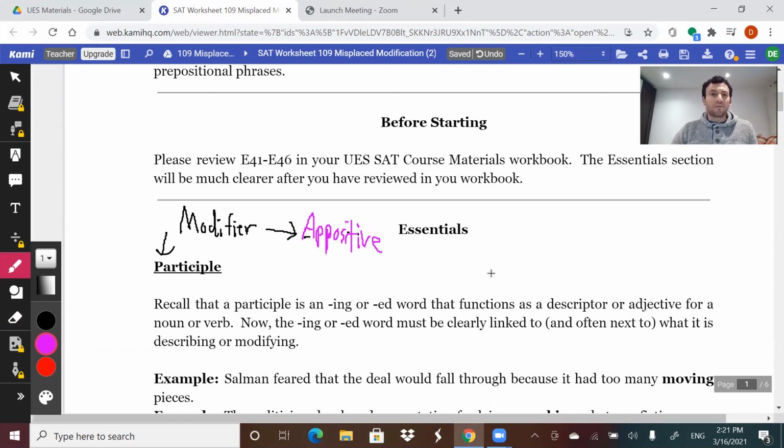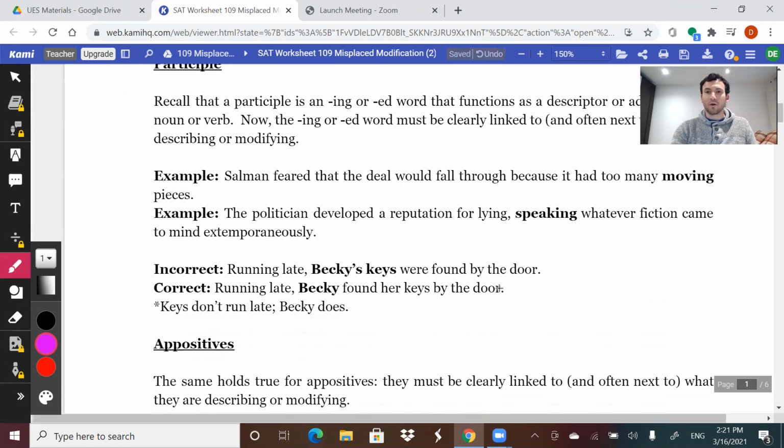If you have a participle or an appositive, usually at the beginning of a sentence, it's describing a noun. So the only thing you have to check when you have this situation is to make sure that the noun that follows is actually the thing being described. If it's not, then that's what's called a misplaced modifier. It's modifying the wrong thing.